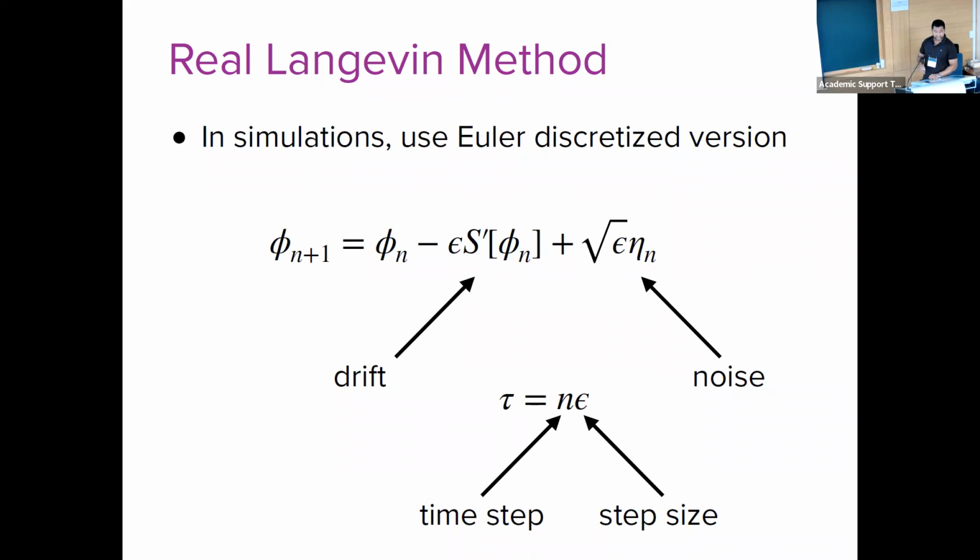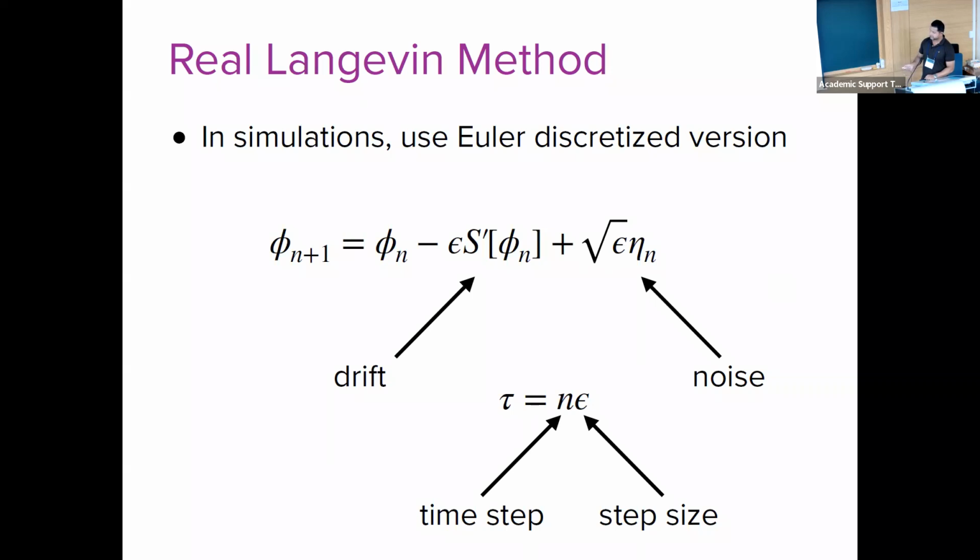Now we are interested in putting this on a computer and simulating and getting some nice physics out of the computer. So in simulations, we discretize this Langevin evolution equation. This is the Euler first order discretization that we are using, and it takes this particular form. We discretize the Langevin time in this way, so there is a time step and a step size.